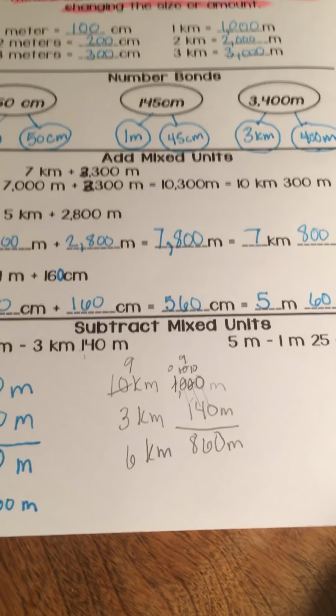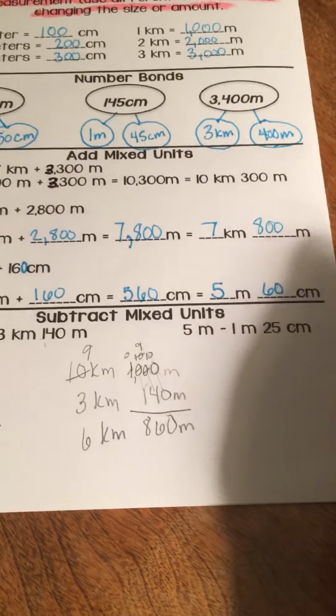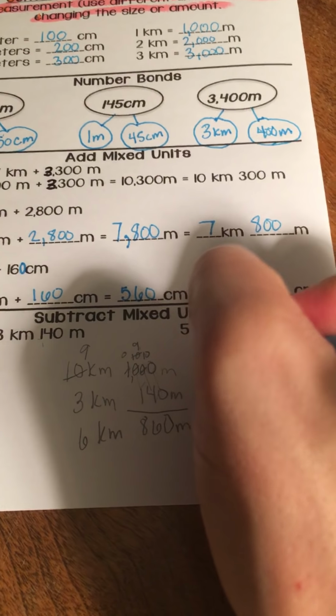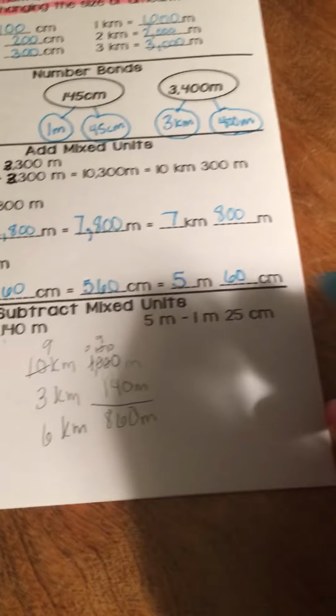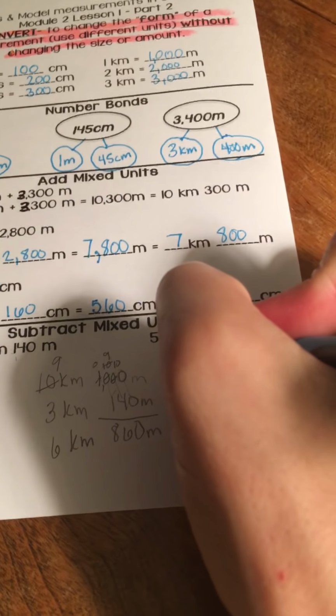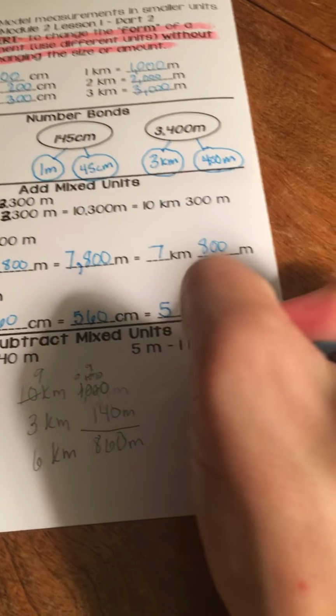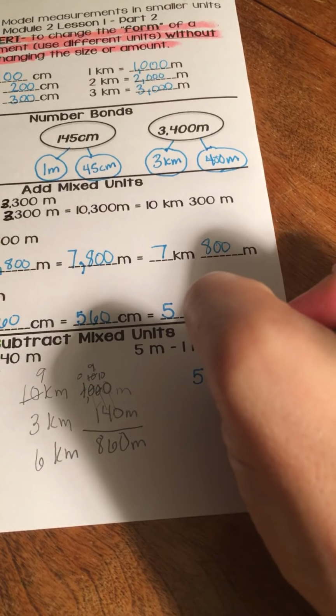Either way. I'm going to just do this one over here the first way, but you could do it the second way too. All right, so 5 meters, which is the same, oh, and we've got meters, meters, and centimeters. I'm going to change it all to centimeters. So I'm going to do 500 centimeters.